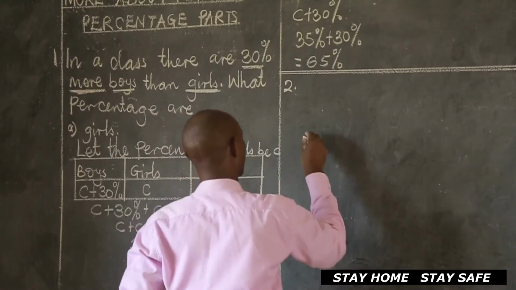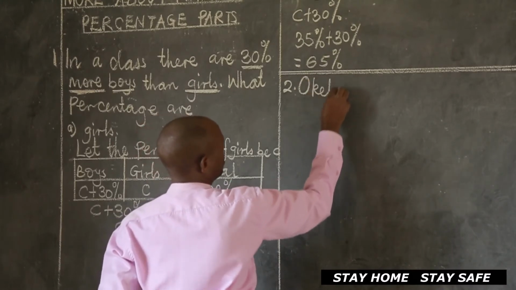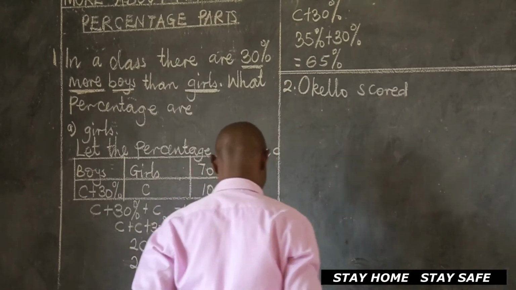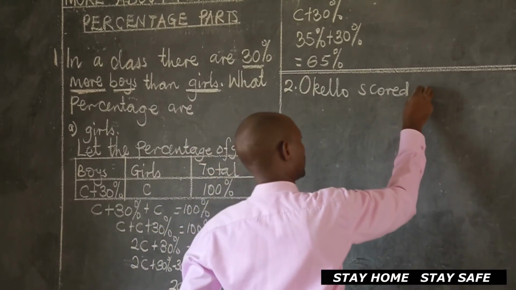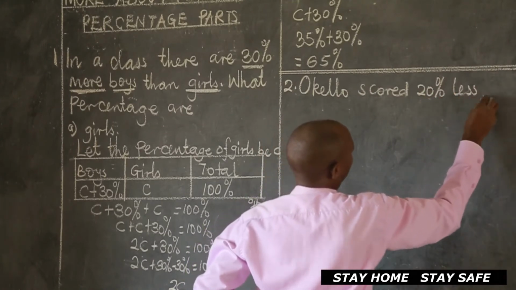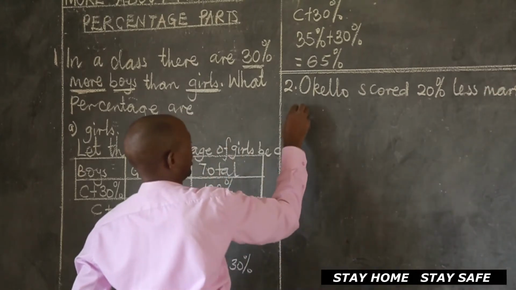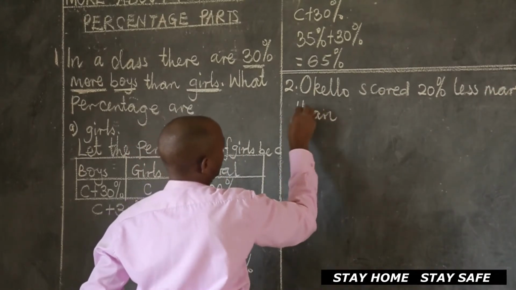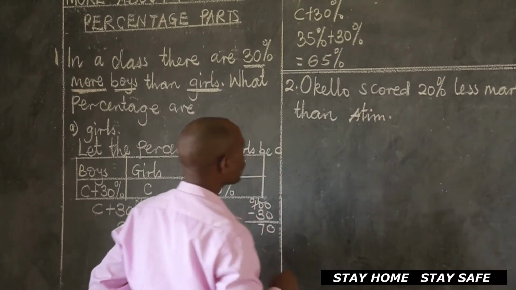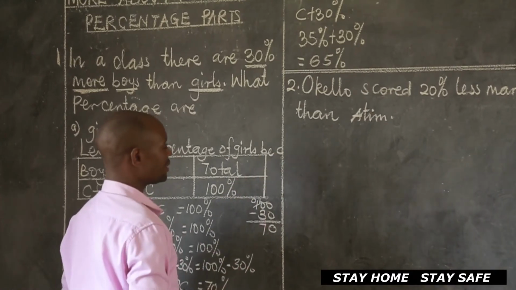I may say, Okero scored 20% less marks than a team.